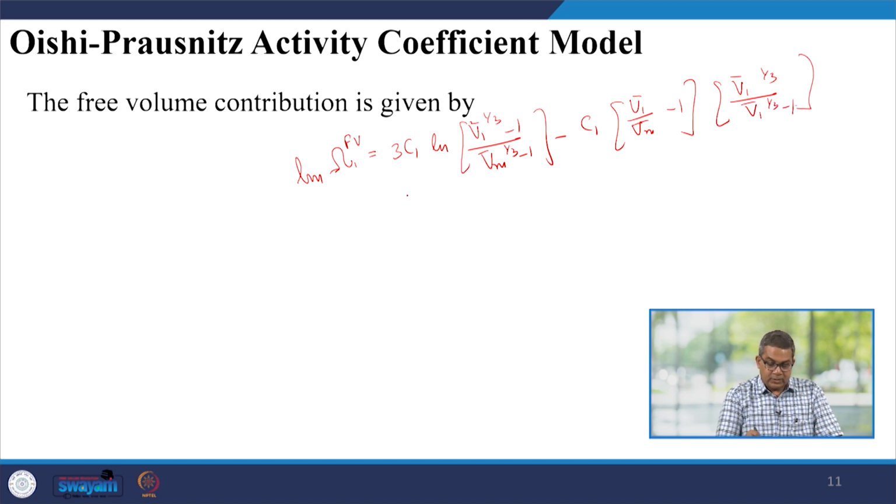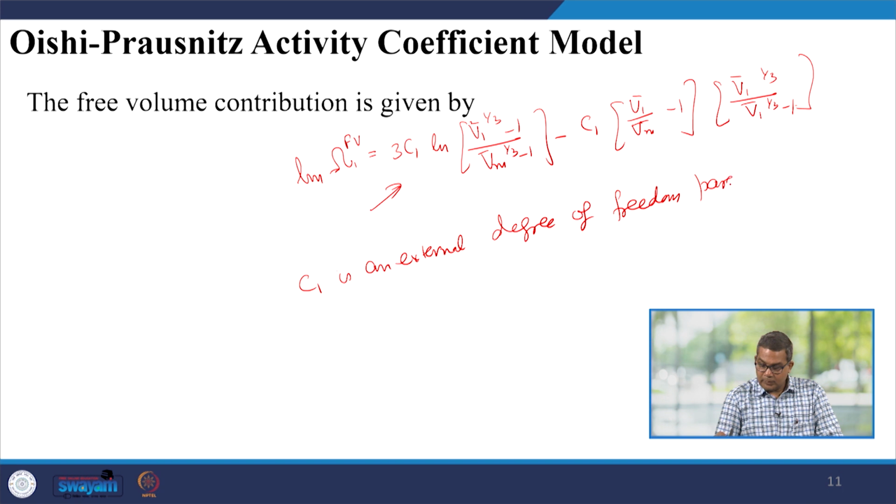Now, here this C1 is an external degree of freedom parameter for the solvent.